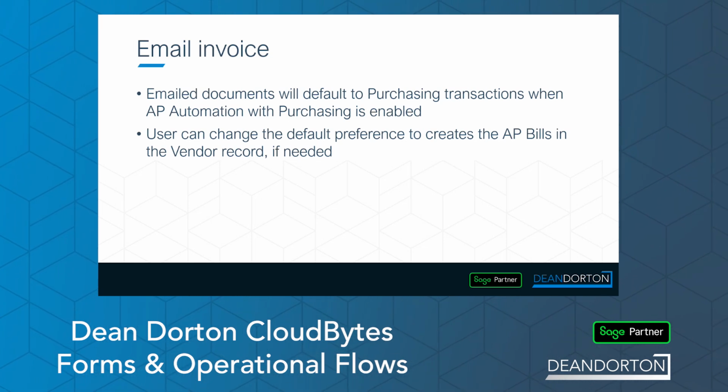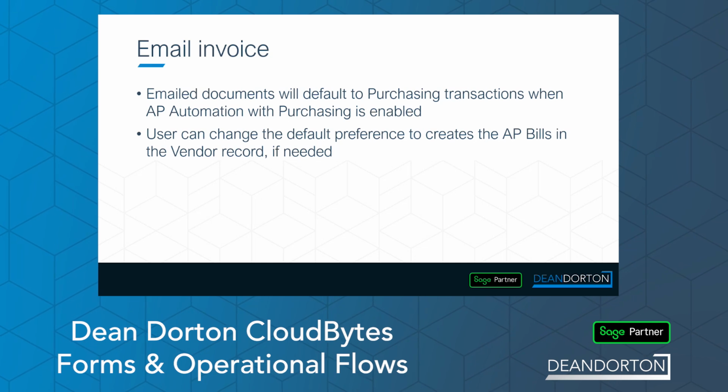And then if it is an AP bill, you can change it over into an AP bill and set the preference on the vendor record as well. So you can do it with that checkbox at that moment, or if you miss the checkbox, you'll be able to go to the vendor record and stipulate a preference to create AP bills for the vendor as well. Okay.